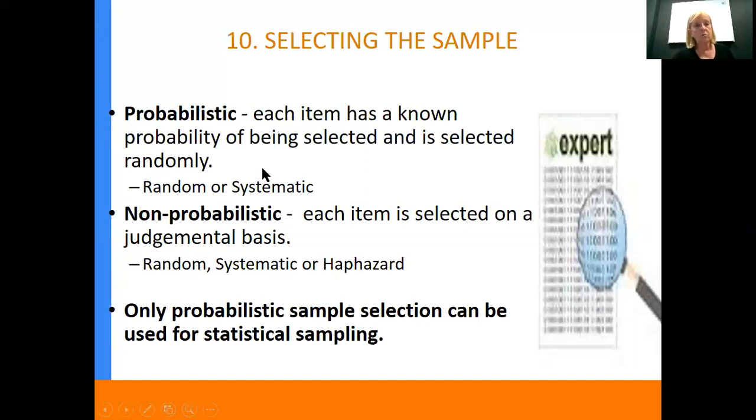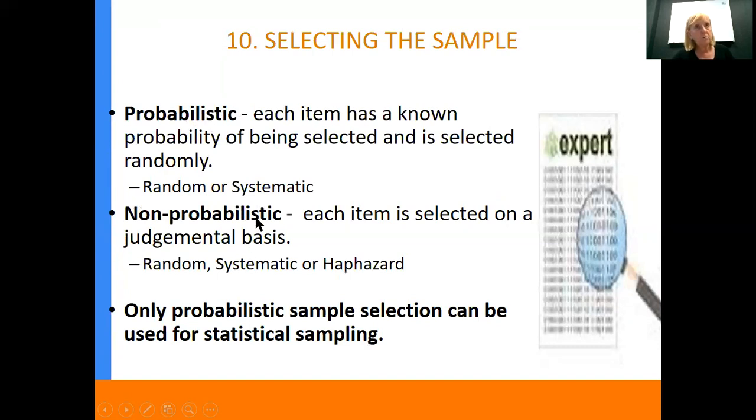We're going to go through systematic sampling just so you know what that is. Non-probabilistic sampling is relevant if I'm doing non-statistical sampling. I can use these. If I'm doing statistical sampling, I have to use probabilistic sampling.